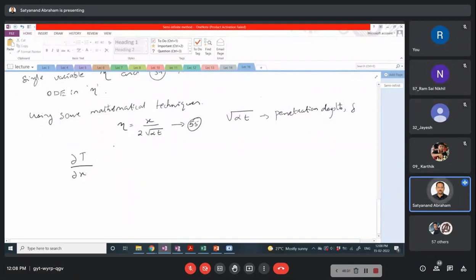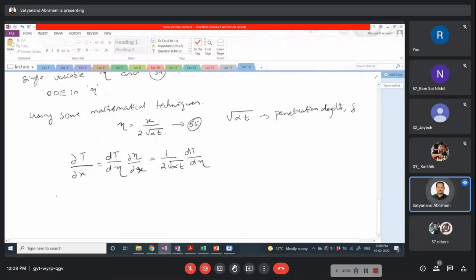So we need to find dou T by dou x. Dou T by dou x we can write as dT by d eta, because T now is a function only of eta, into dou eta by dou x. What is dou eta by dou x? It is 1 by 2 root alpha t. So dou T by dou x is 1 by 2 root alpha t into dT by d eta.